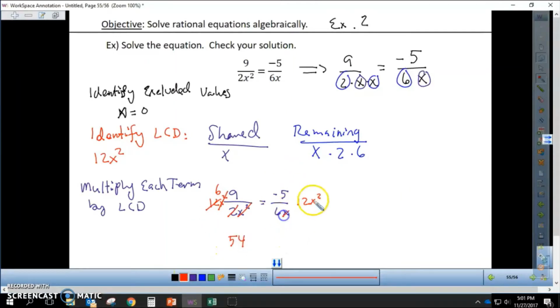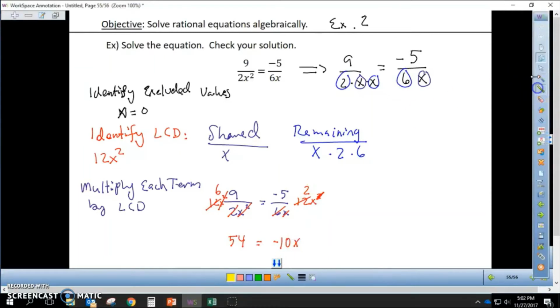Over here, x cancels with one of these x's, so I'm just going to cross out my 2, becomes x to the first, and then this 6 cancels with this 12 to give me 2. So all I did was I just multiplied, I reduced, and again what should happen, you'll notice the denominators disappear. On this side, the only thing left standing is negative 5 times 2 times x. So this is negative 10x.